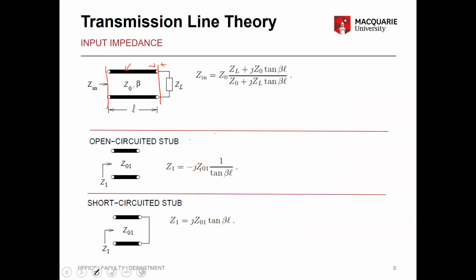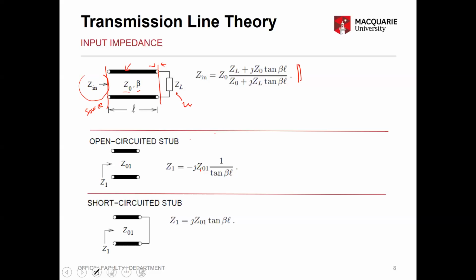We are interested in the impedance at the source. If you know the load impedance, we are trying to find the source impedance. This is given by the lossless telegrapher's equation, which is this.